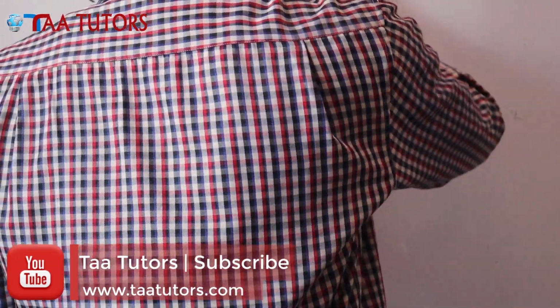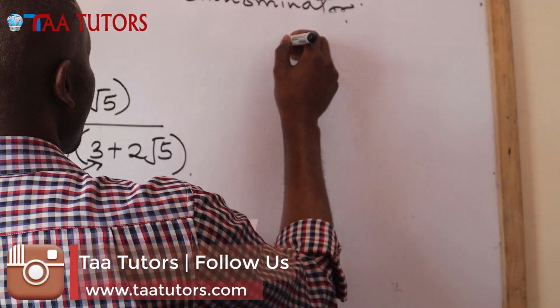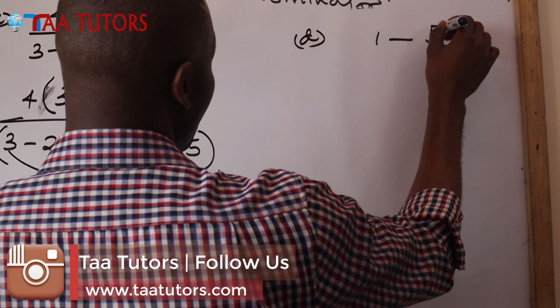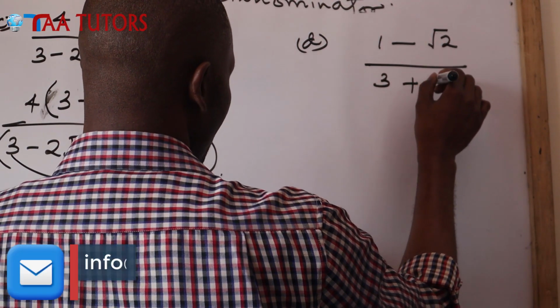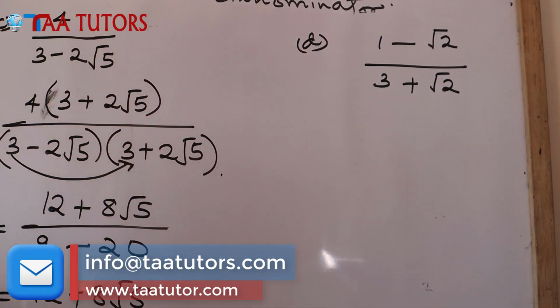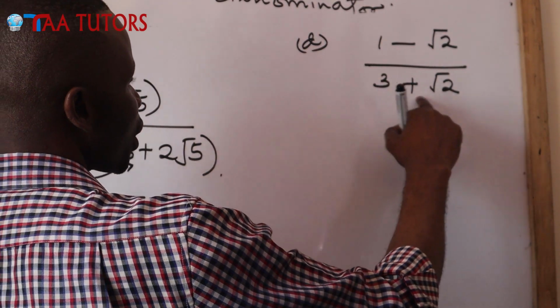Let's look at this other example, which is d. We have 1 minus surd 2 divided by 3 plus surd 2. So again, there's no worry here. We do the same thing. The conjugate is 3 minus surd 2.